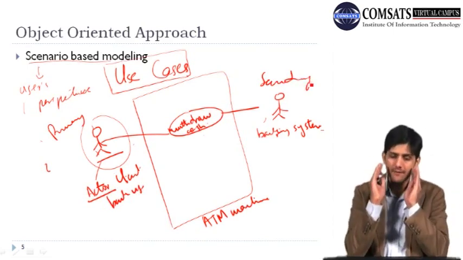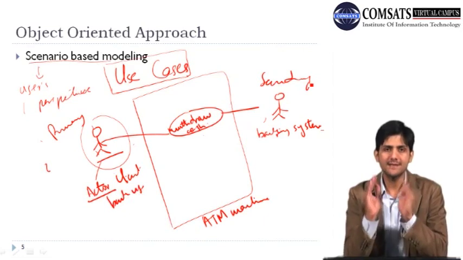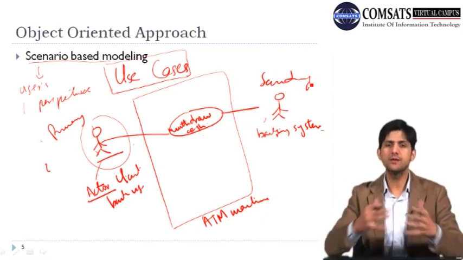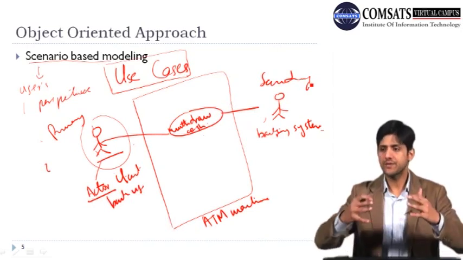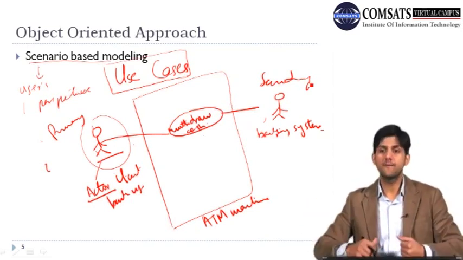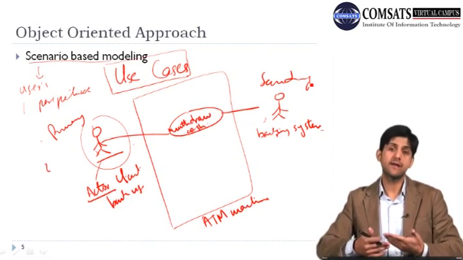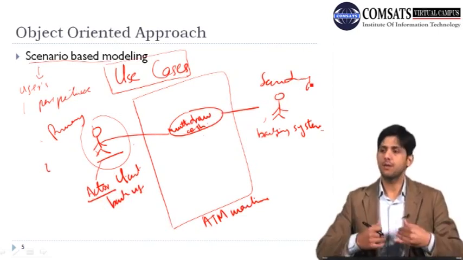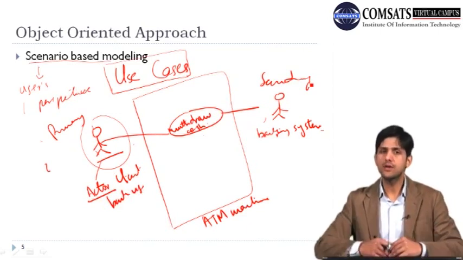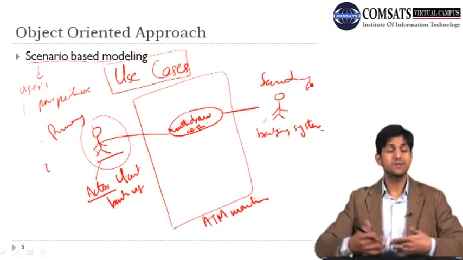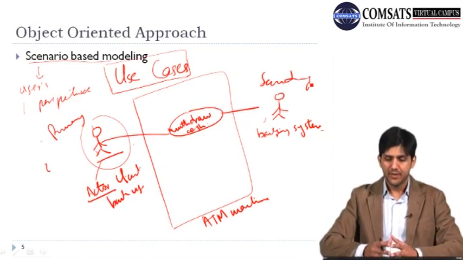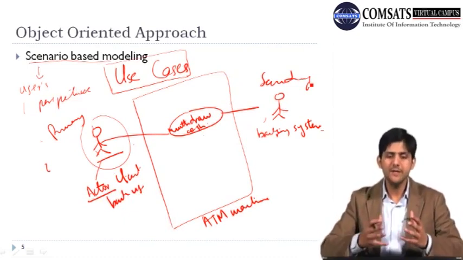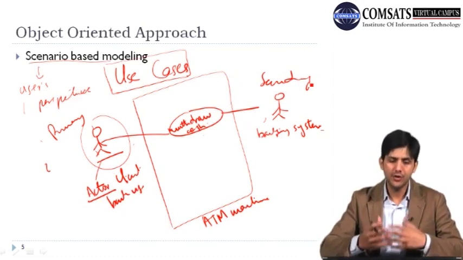But imagine that when we are doing it, we are actually understanding the system. For example, in a scenario, somebody said that this is the ATM machine that you have to design, and one of the functionalities we desire is that whenever a client comes in, he is able to withdraw cash. Maybe that was a scenario that you elicited by using one of the elicitation techniques. Now when you actually start making this use case diagram, we start looking at it more deeply.